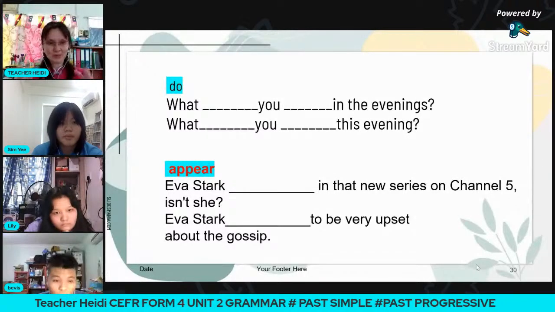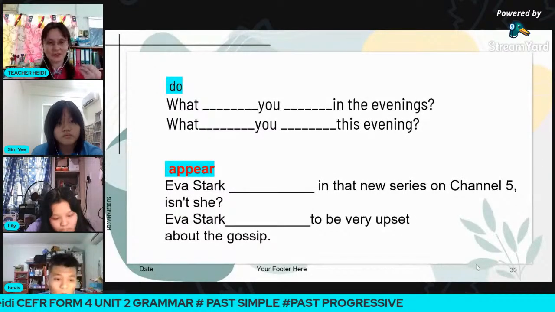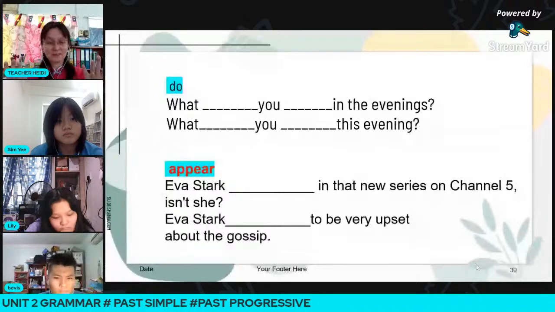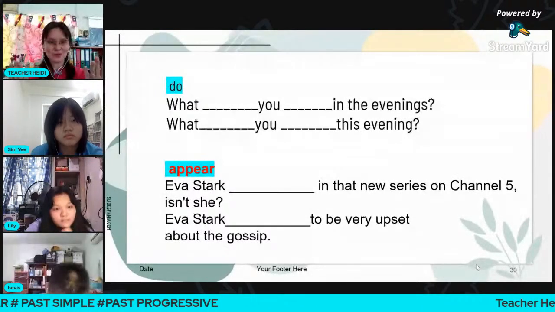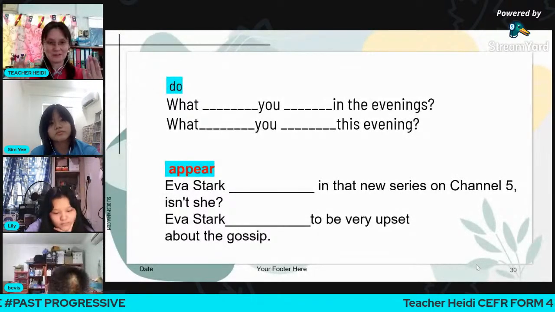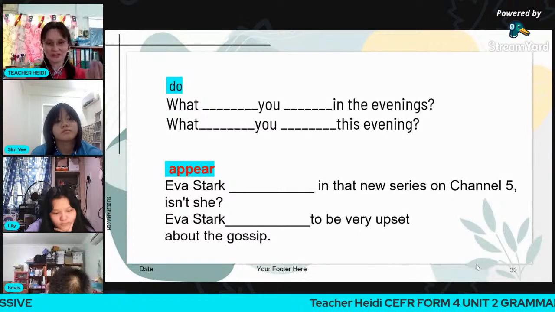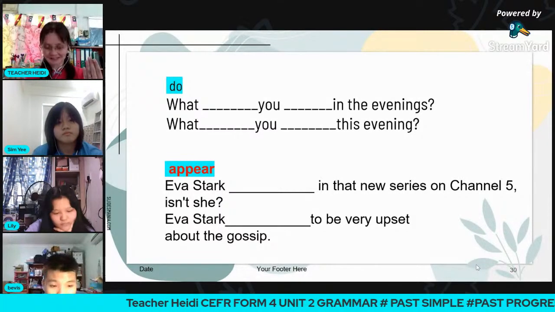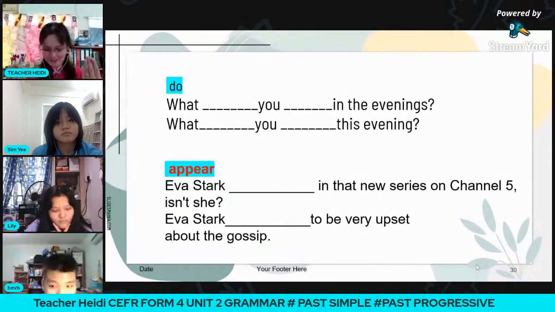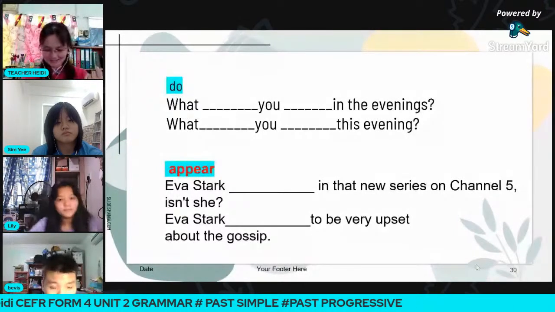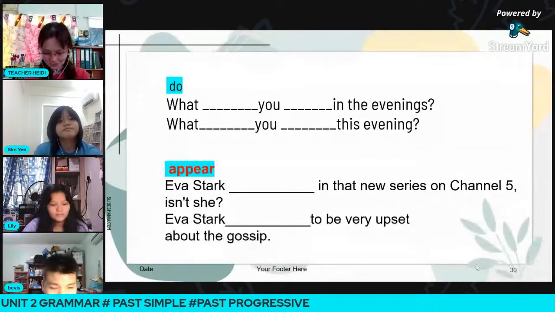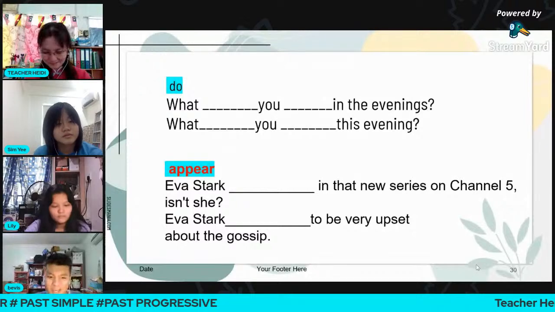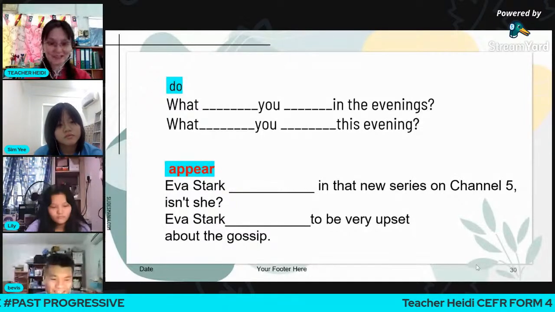So which one do you think uses the simple present, and which one is the progressive, the continuous? Which one do you think? Bavis, you want to try? Can you see, right?